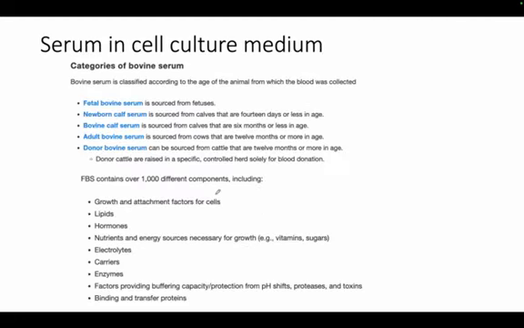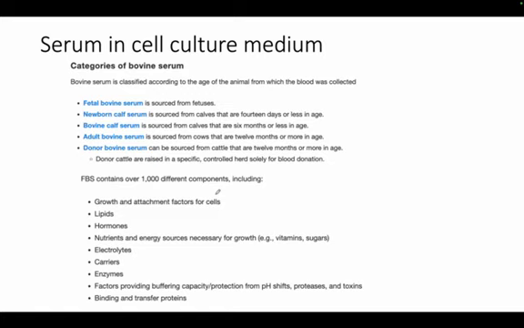As we discussed, our medium will have an energy source. It has a pH buffer. It has amino acids, vitamins, and so on. But some cells require other components that we don't actually fully understand. We don't actually know everything that is required for the growth of some cells.